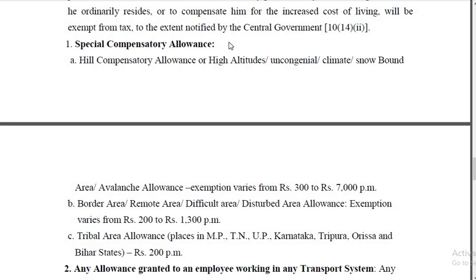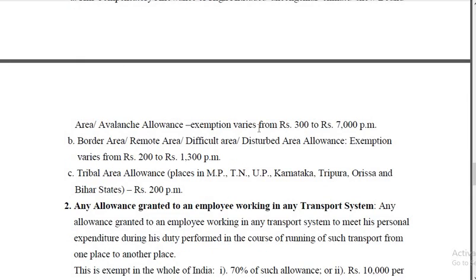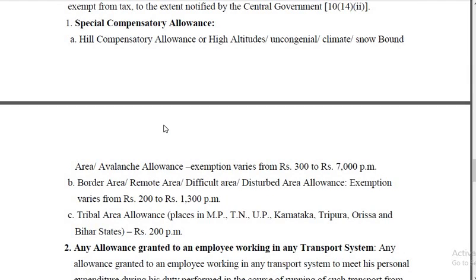Okay, let us consider some of the allowances. Special compensatory allowance. Under that, for example, hill compensatory allowance or high altitudes or uncongenial climate or snow-bound area or avalanche allowance. So these are exempt and the exemption varies from rupees 300 to 7,000 per month depending upon the height or the altitude where he performs his duties.